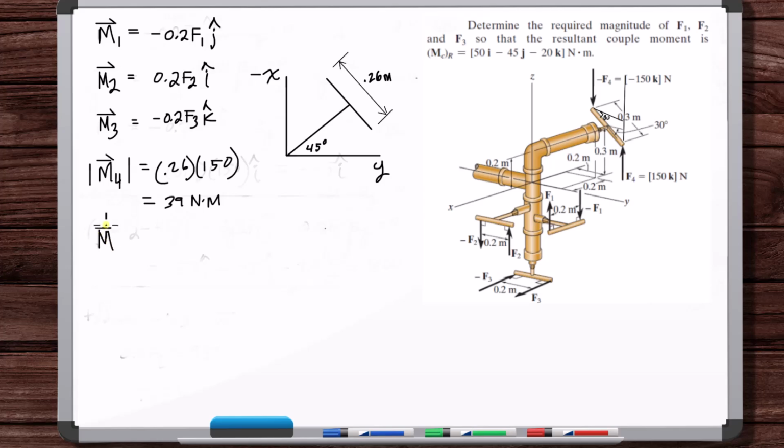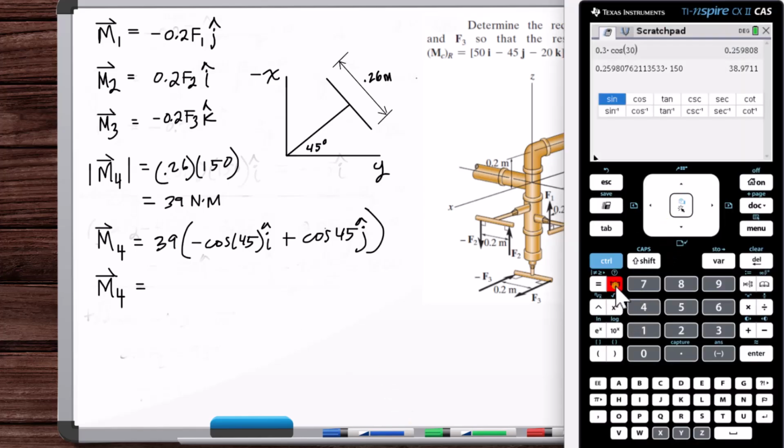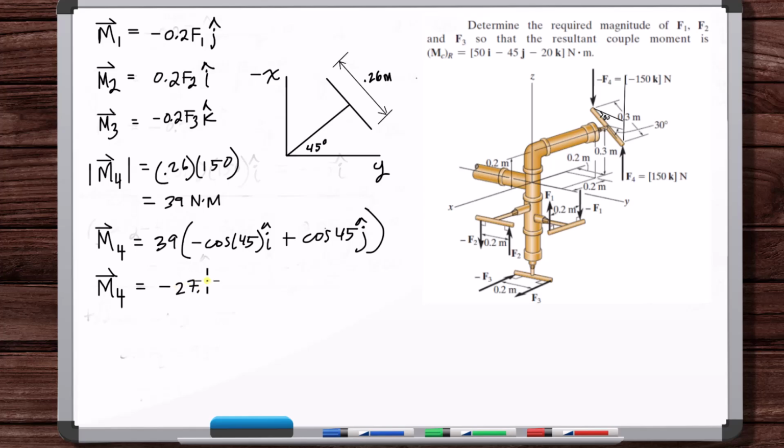M4 as a vector is 39 times minus cosine 45 i hat plus cosine 45 j hat, so minus 27.6 i hat plus 27.6 j hat. Oh wait, no, hold on.